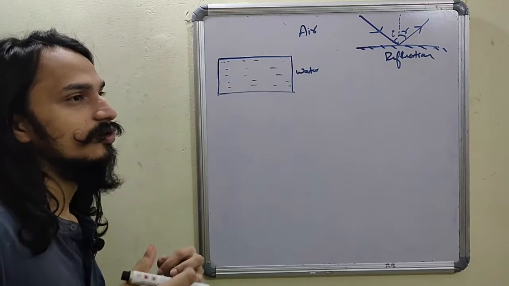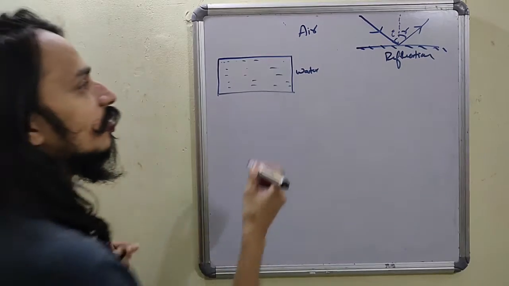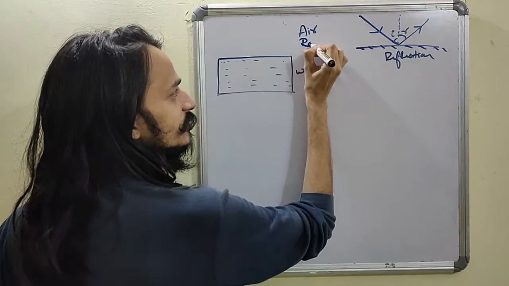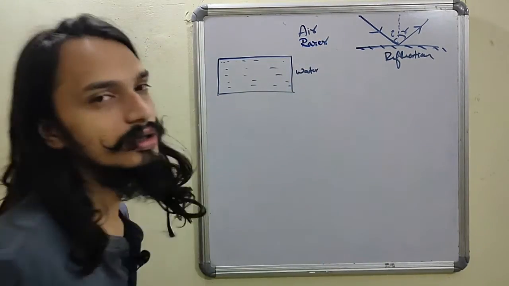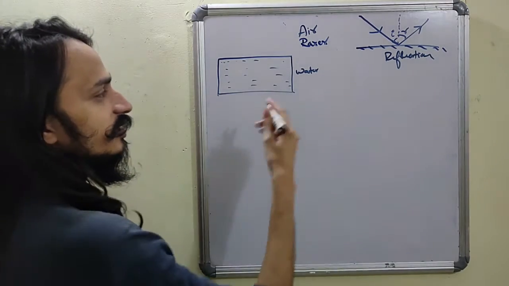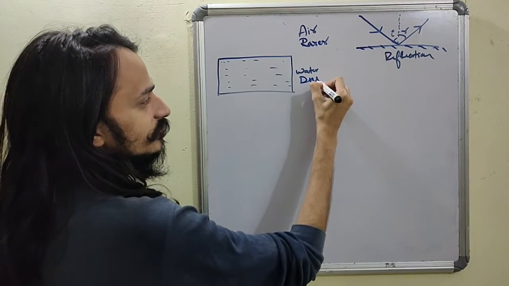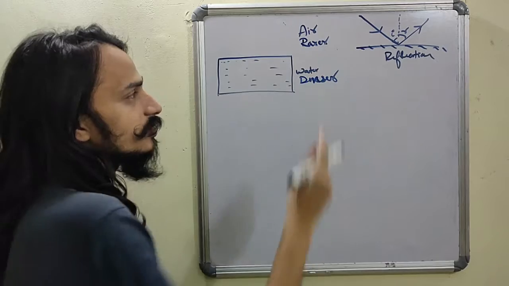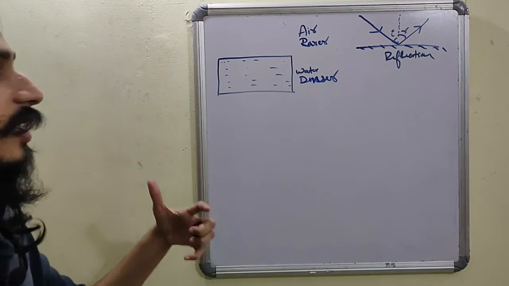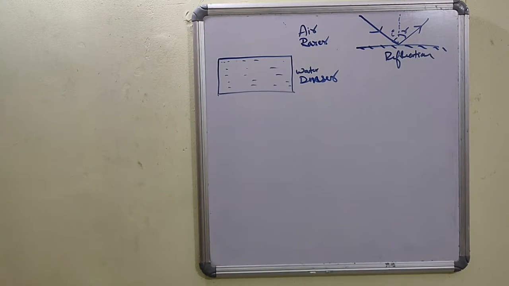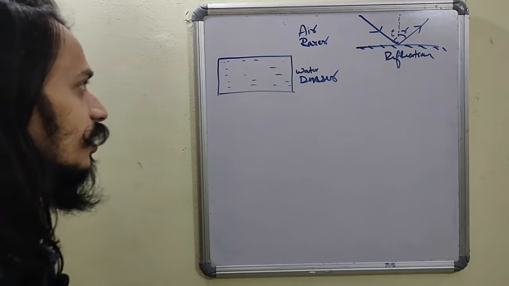So the mediums that are more open are called rarer mediums, and the ones that are not are called denser mediums. So air is a rarer medium. Light can move more freely and quickly also. And water is a denser medium. Light will move slowly.